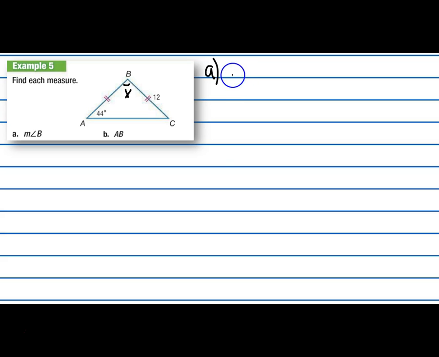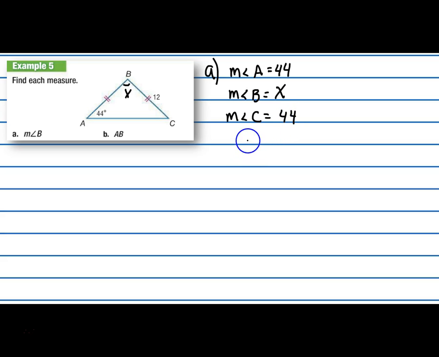Because of that, we can say that the measure of angle A we know is equal to 44 degrees. We can also say the measure of angle B, we still don't know quite yet. We're going to say it's x. The measure of angle C, well, that is definitely 44 degrees because these are the same.